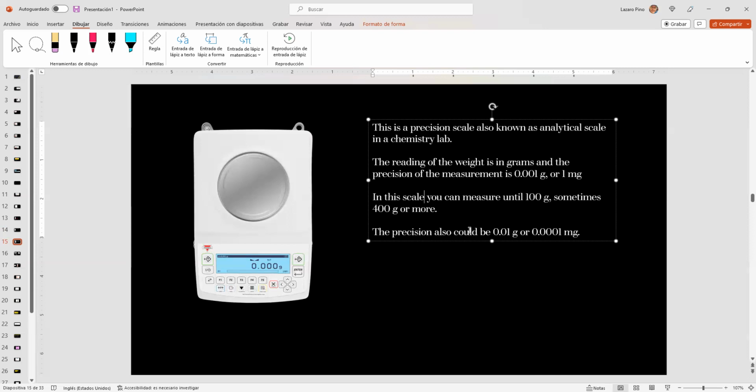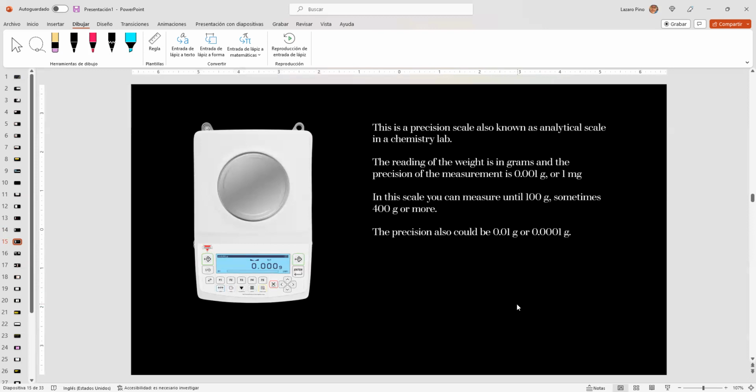The precision also can change. It can be 0.01 grams, for example. Sorry. Let's continue.